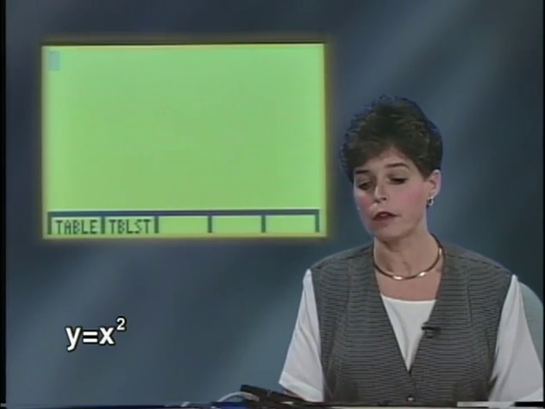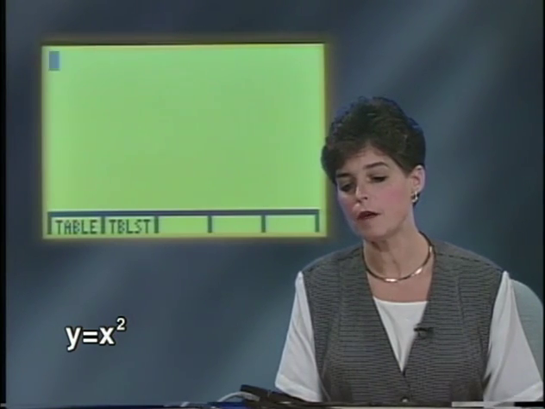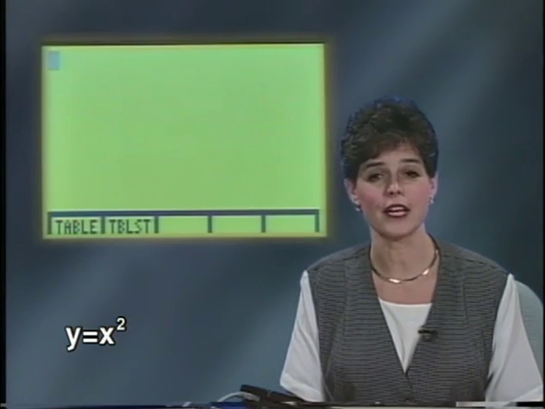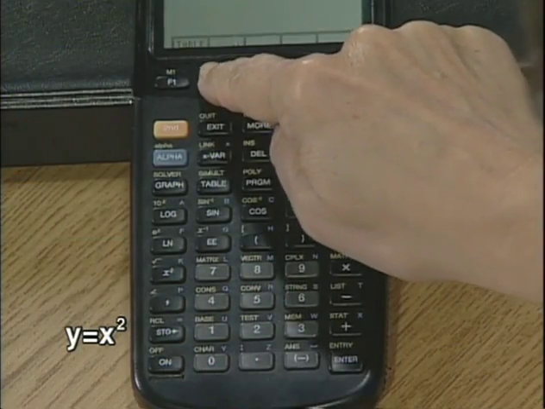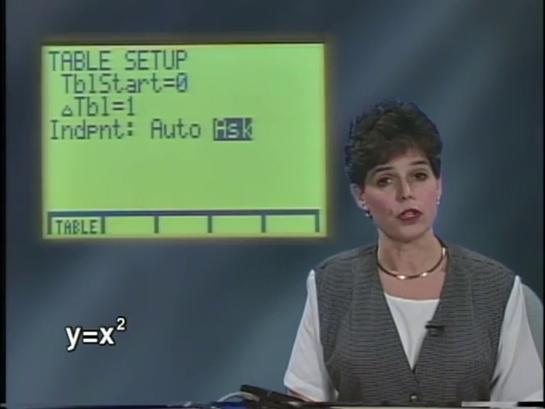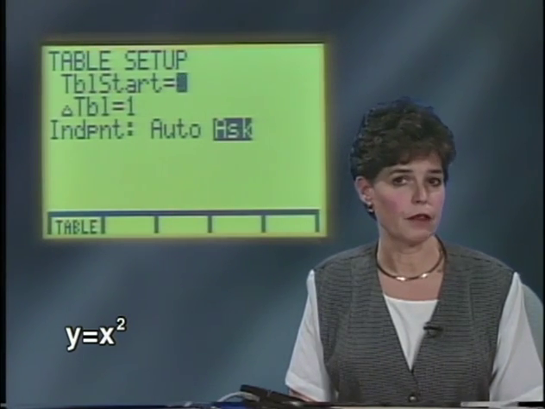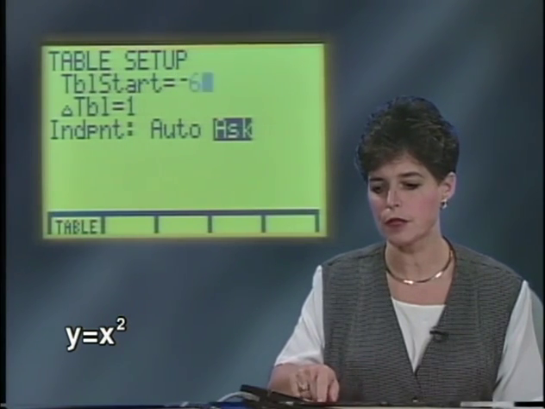You've got F1, table, and then F2, TBLST. That stands for table set. Let's go to table set to begin with. Now I'm going to choose to start my table with the number -6. It doesn't matter what you choose, but I just am going to choose -6.